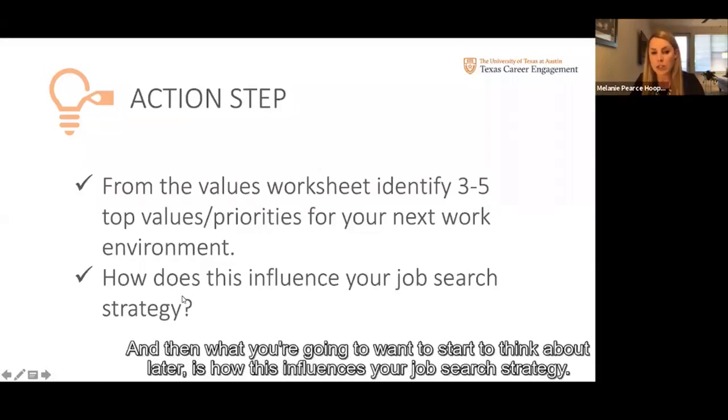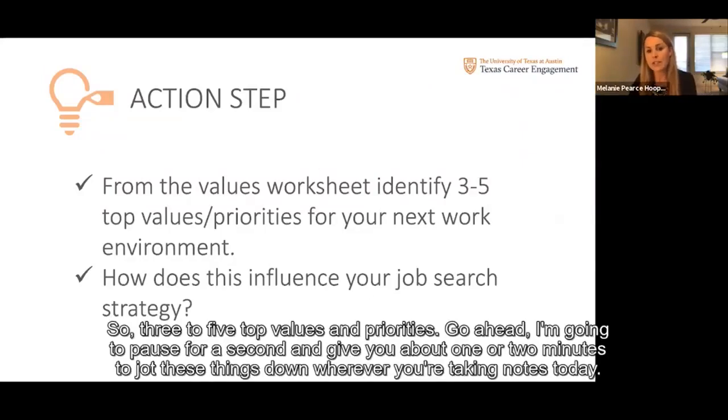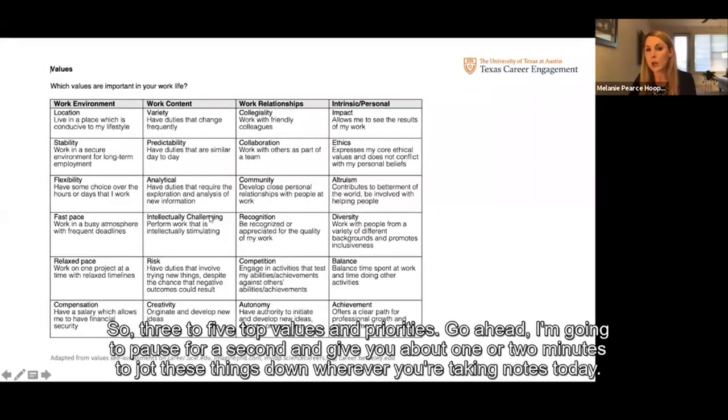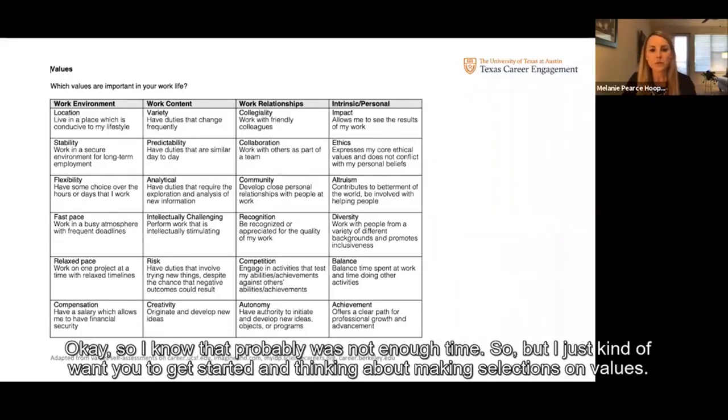Then you're going to want to start to think about how this influences your job search strategy. So, 3 to 5 top values and priorities. Go ahead, I'm going to pause for a second and give you about 1 or 2 minutes to jot these things down wherever you're taking notes today.